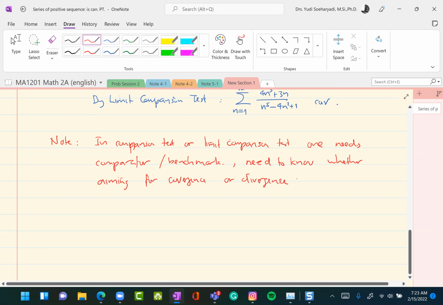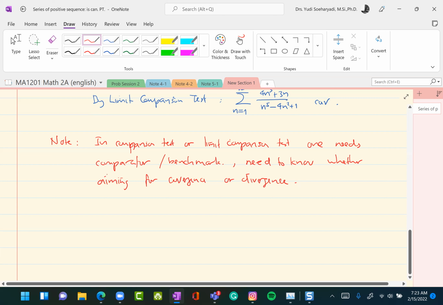Then you can choose a benchmark accordingly. If you're aiming for convergence, then you choose something that converges. If you feel that what you're having is divergence, then you choose something that diverges. All right.